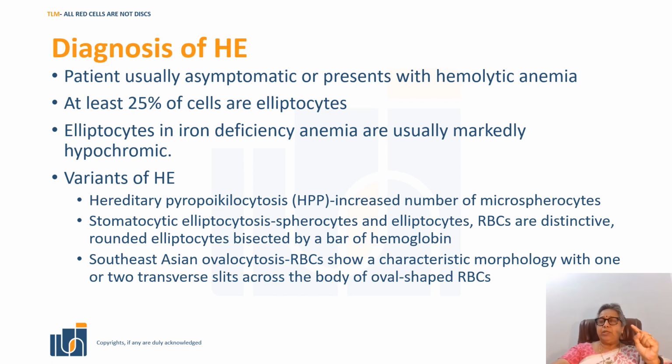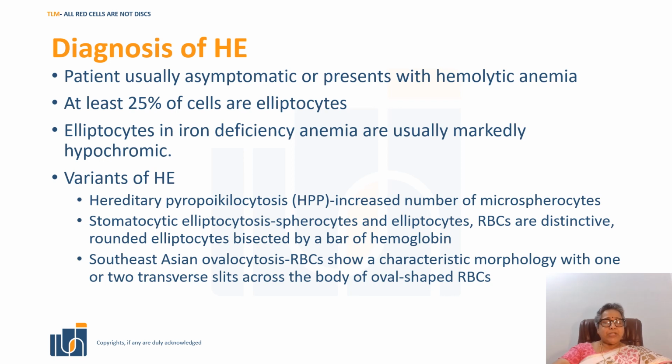The most important thing here is that at least 25% of the red cells should be elliptocytes to classify it as HE. Usually in HE, you will have more than 50% of cells which are elliptocytes.